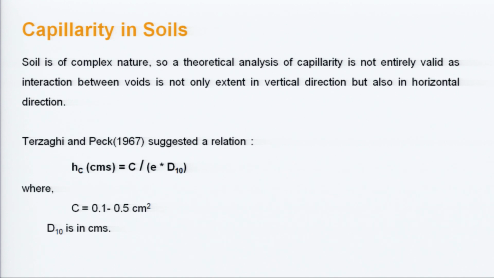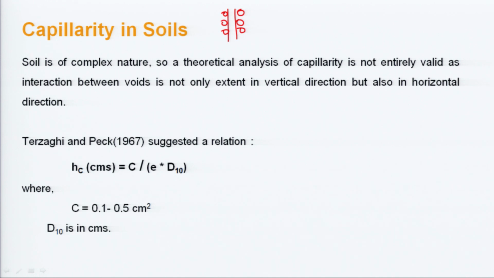Then understand here that it is not like the basic capillary tube in physics or chemistry. When we talk about the soil solids which are at the boundaries, they act in a slightly different way. Soil is of complex nature, and so a theoretical analysis of capillarity is not entirely valid.